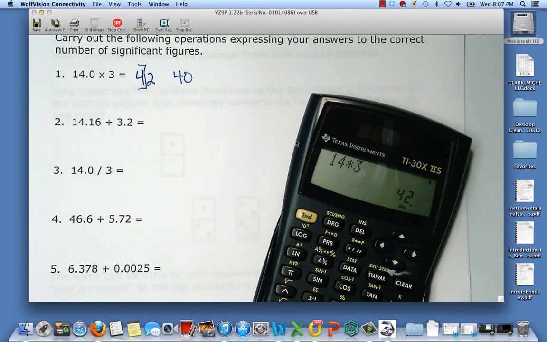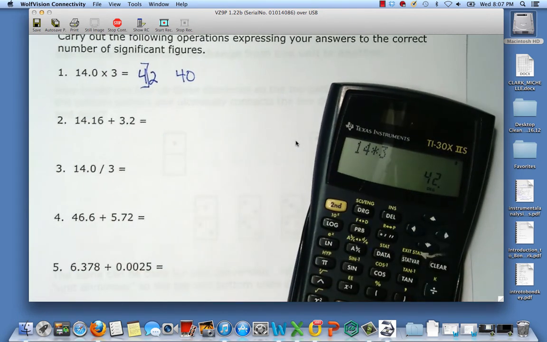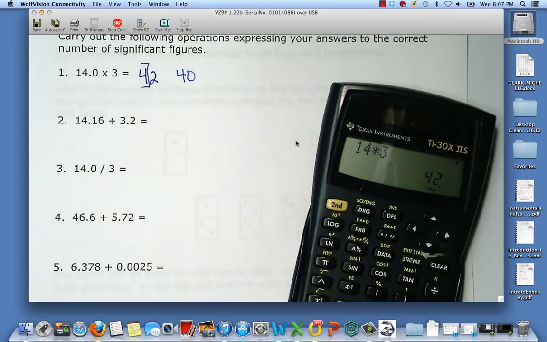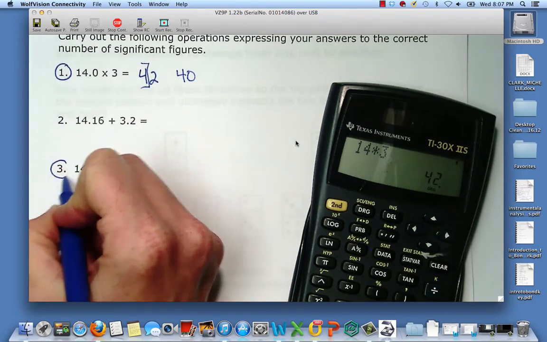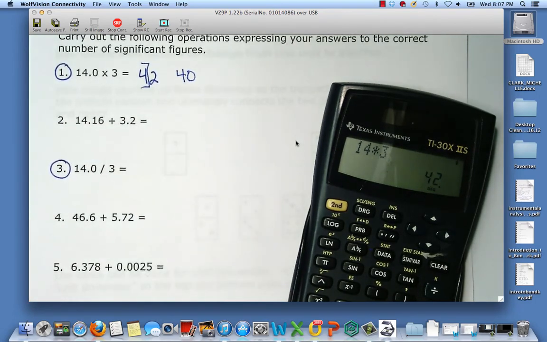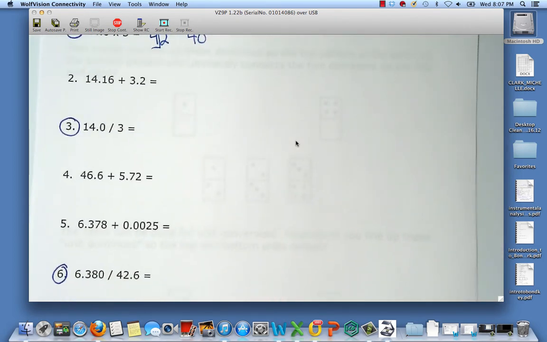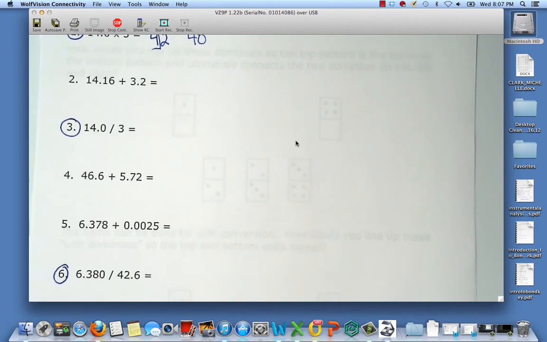So it's almost like, of these calculations on page 9, if you circle all the ones that go under the same rule, like number 1 is a multiplication, number 3 is a division, number 6 is a division. So they all would follow that same multiplication and division rule.